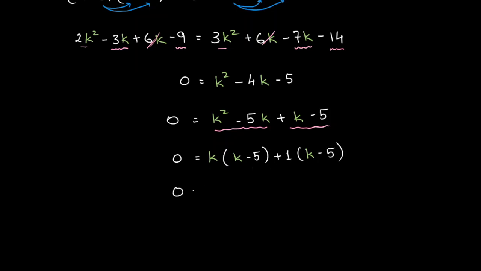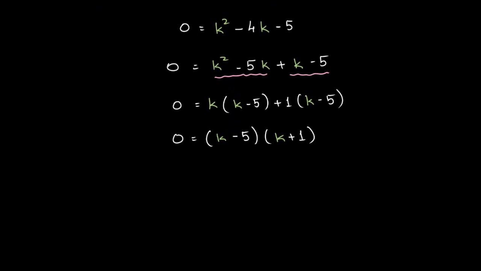Further on, 0 is equal to (k minus 5) into (k plus 1). Right, so we factorize our terms. Two numbers multiplied gives me 0.